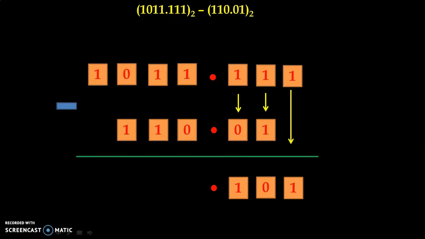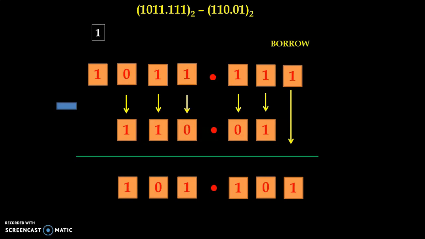So we start with the integer values. 1 minus 0, so answer is 1. 1 minus 1, so answer is 0. 0 minus 1. Now we have a situation. So 0 minus 1, difference is 1. We have to take a borrow.